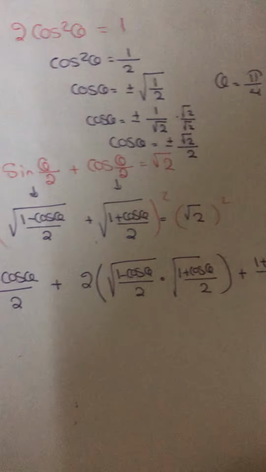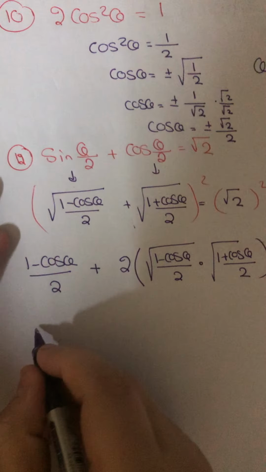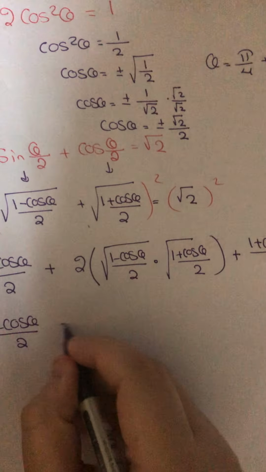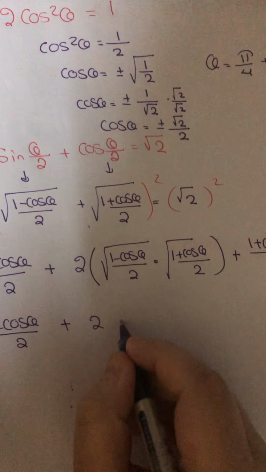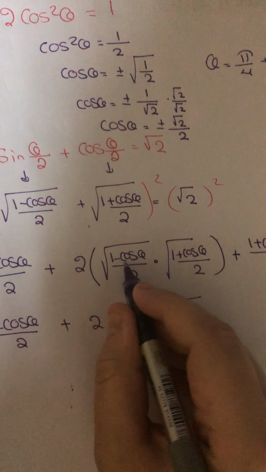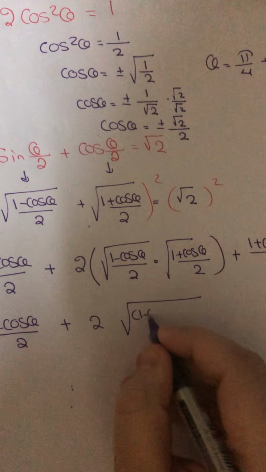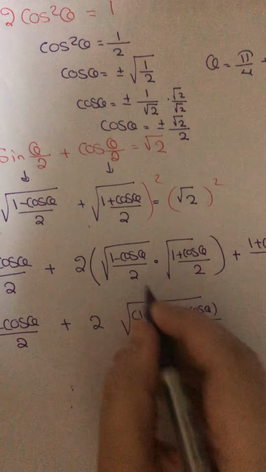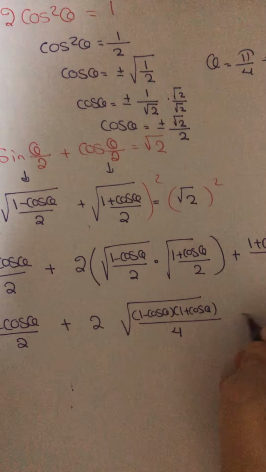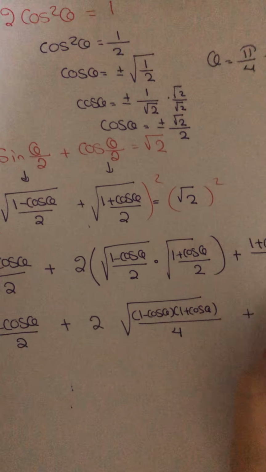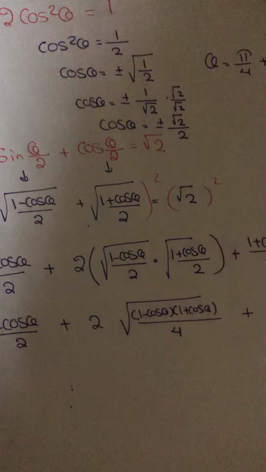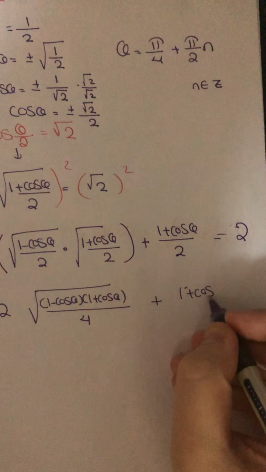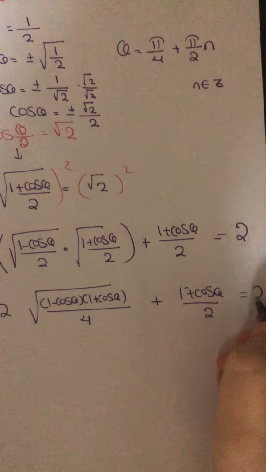Okay, now I'm just trying to simplify this. It looks complicated. Plus 2, I can put these all in one root: 1 minus cosine theta, 1 plus cosine theta, all over 2 times 2, which is 4. Plus 1 plus cosine theta over 2, which is equal to 2.